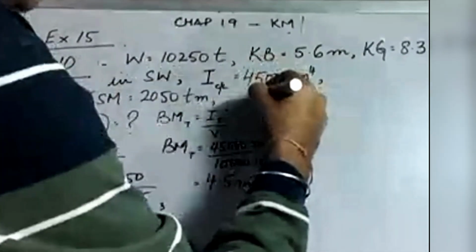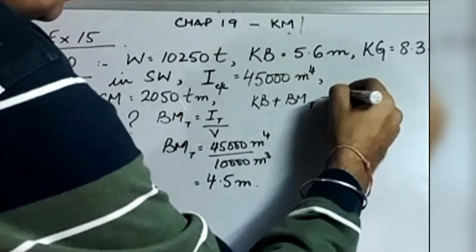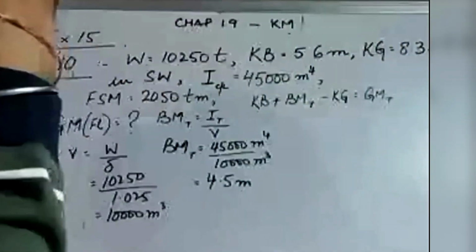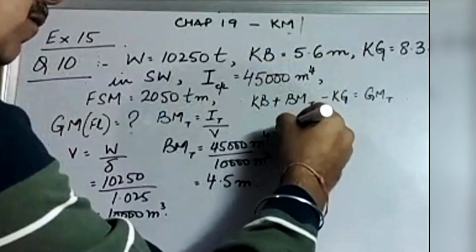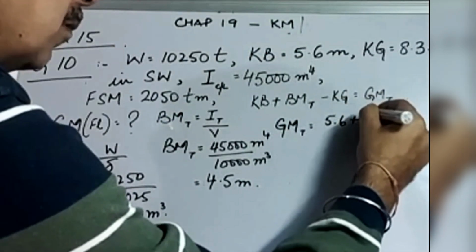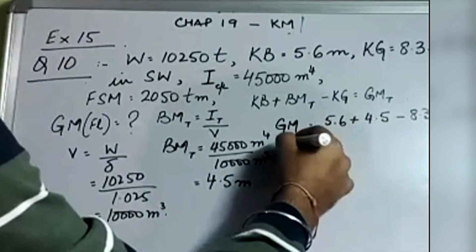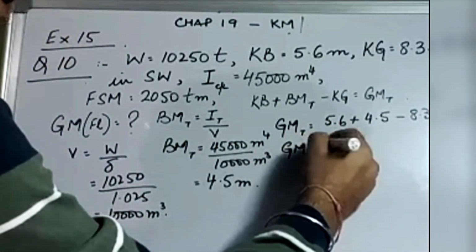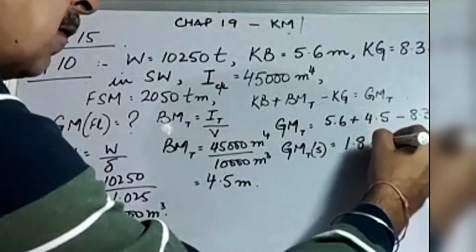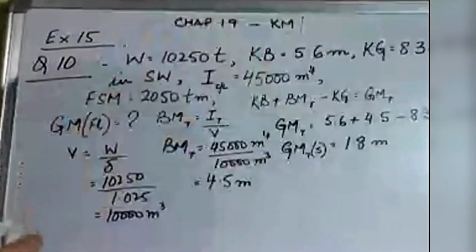All right. KB plus BMT minus KG will give me GMT. Give me the value of GMT. And this will be GMT solid. 1.8. Find out FSC.